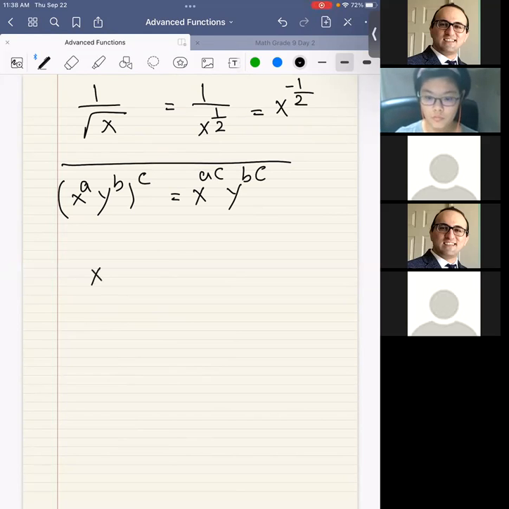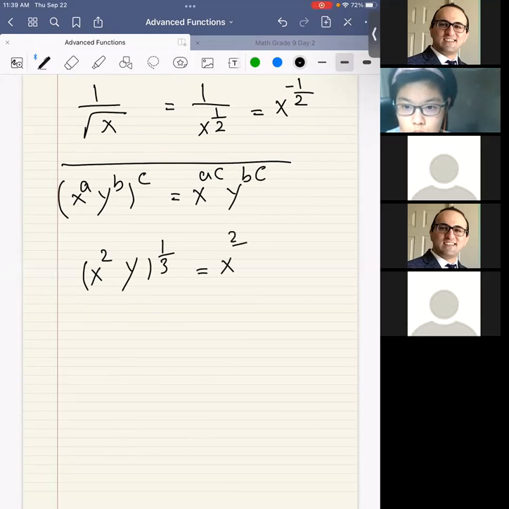For example, x squared y to the power 1 over 3 is equal to x to the power 2 over 3 times y to the power 1.